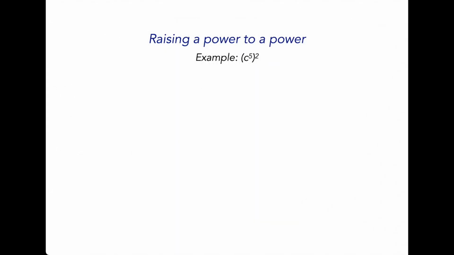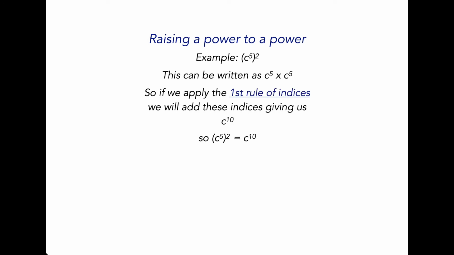Okay, we've now got two laws relating to multiplication and division. So let's look at what happens when we take a base number raised to one power and raise it further to another power, as in this example, c to the power of 5 and then the result squared. Well, we can write that expression as c to the power of 5 times c to the power of 5.